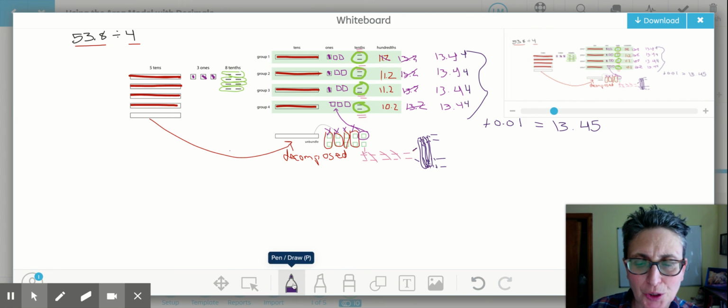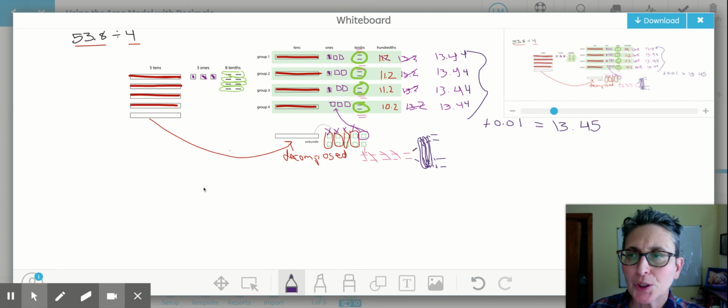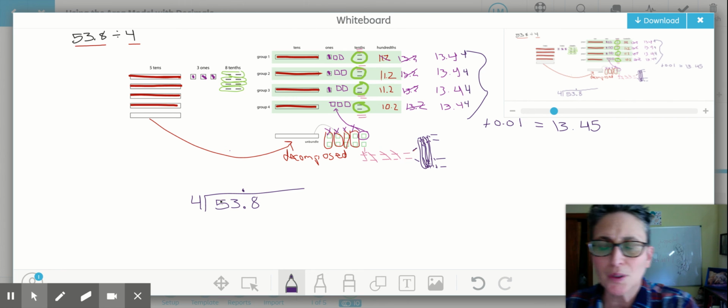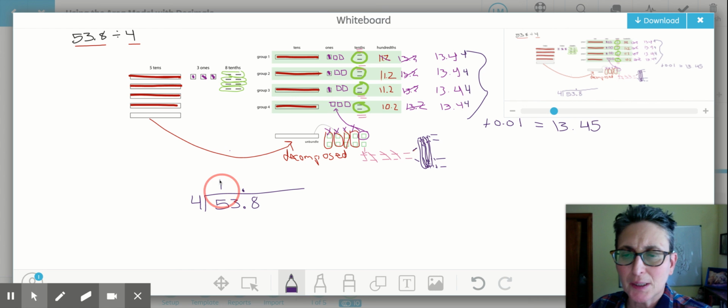Now, I know this picture shows us that, but we can do long division or the traditional algorithm, which would look like 4 into 53 and 8/10. I have my decimal point up here. And 4 goes into 50 10 times.